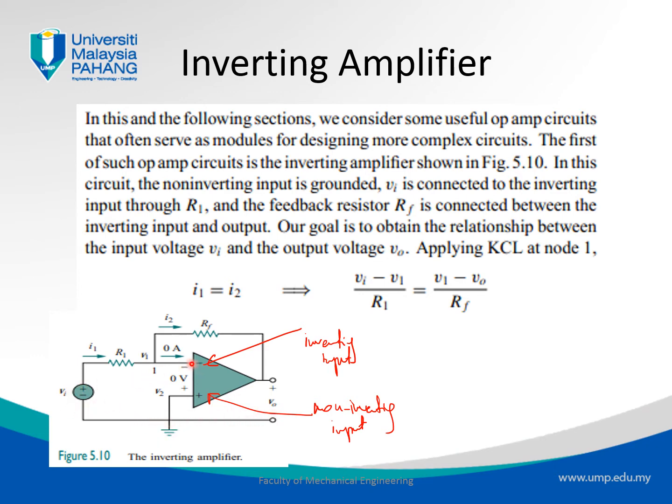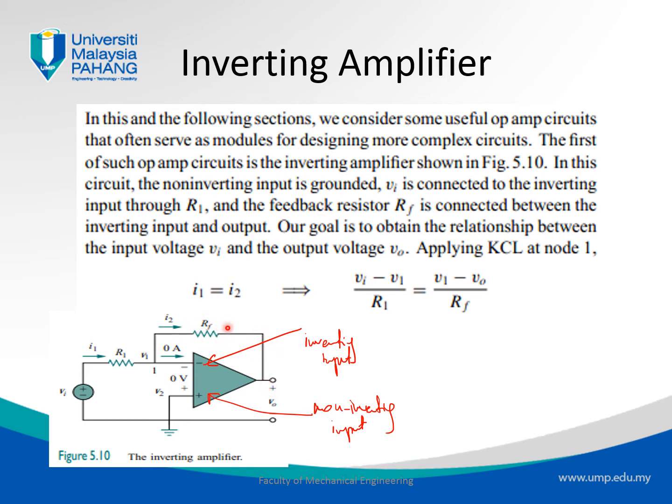The input voltage Vi is connected through one resistance R1, and then there's a node separating the branch that goes into the input terminal from another resistance RF, and this RF is connected to the output of the operational amplifier. So R1 is on the input side and RF is on the output terminal.